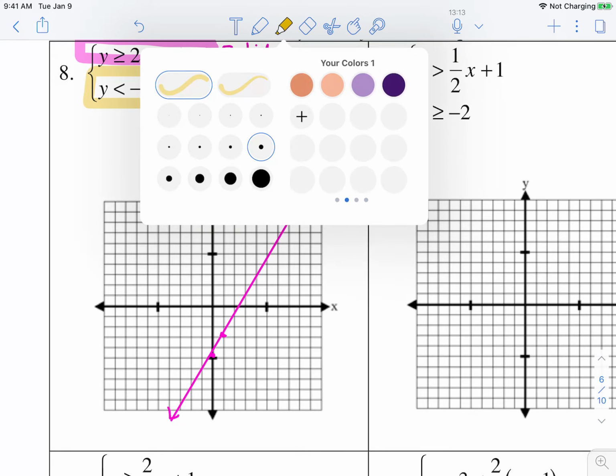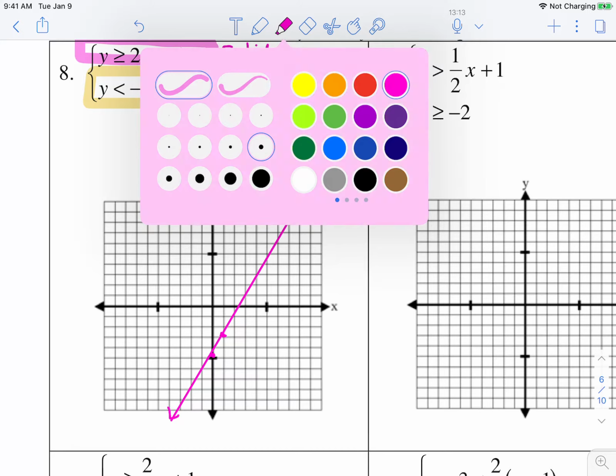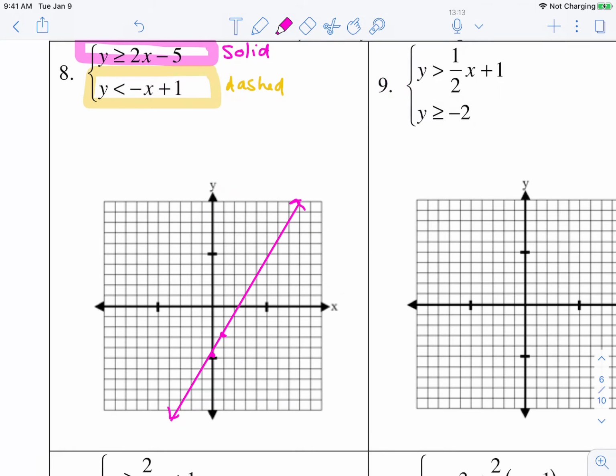Now, one of the easier ways, rather than doing all that testing, is just look. This says y is less than, or I'm sorry, y is greater than. Well, when y's are big, they would be in the positive direction, so above or up.